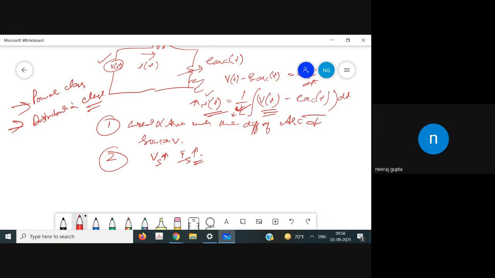Second, we have discussed the interrupting rating. This is the maximum current that the overcurrent device can safely interrupt at the stated voltage, frequency and short circuit power factor. That is the same as compared to the voltage rating. One more terminology is the continuous rating.